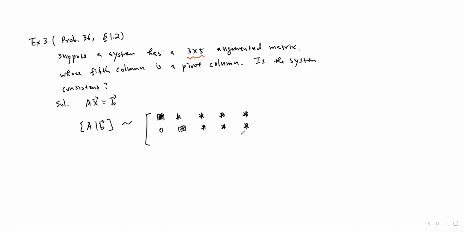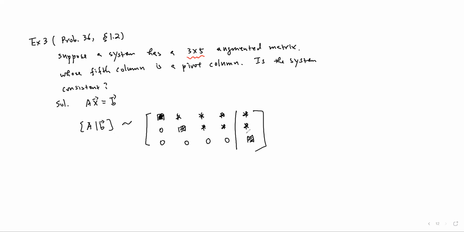A pivot entry is the leading non-zero entry in a row. So the third row should be in this form. Do you agree? Of course, this matrix has other possible echelon forms, but this is only one possible echelon form.